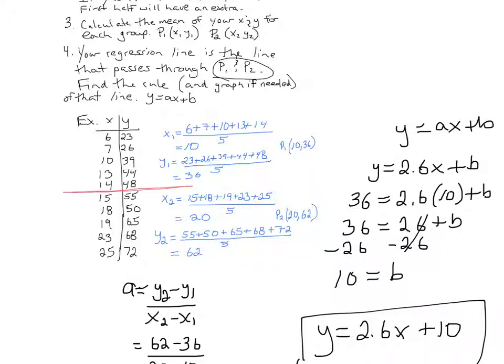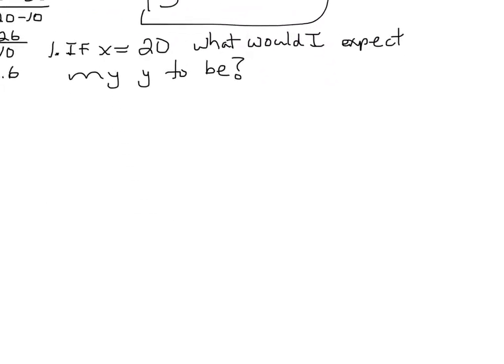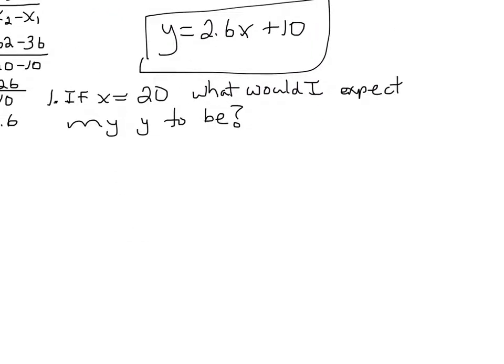Even if they were asking me about something in the table, once you've found your regression line, you don't come back to the table. You use your regression line. But if I look, there's no 20. I would probably expect it to be around 65 to 68, since there are numbers attached to x values similar to 20, but I don't know exactly. But I can now calculate it, because I have my rule.